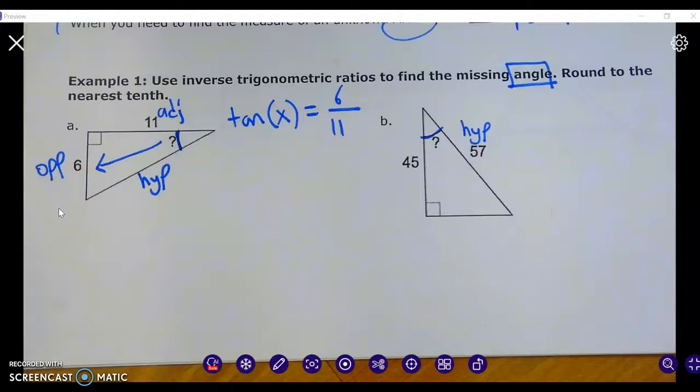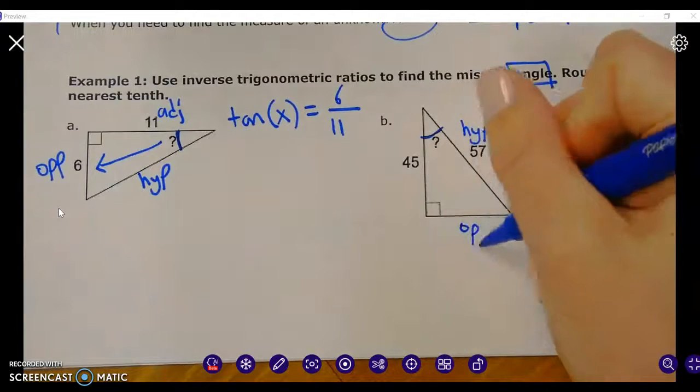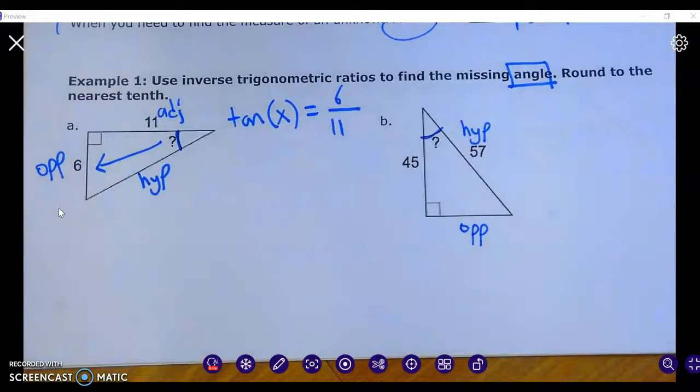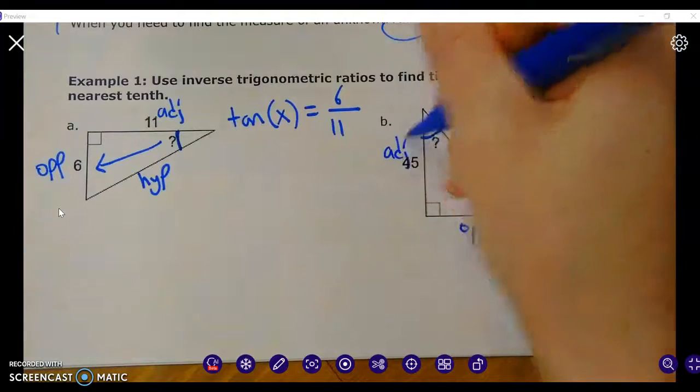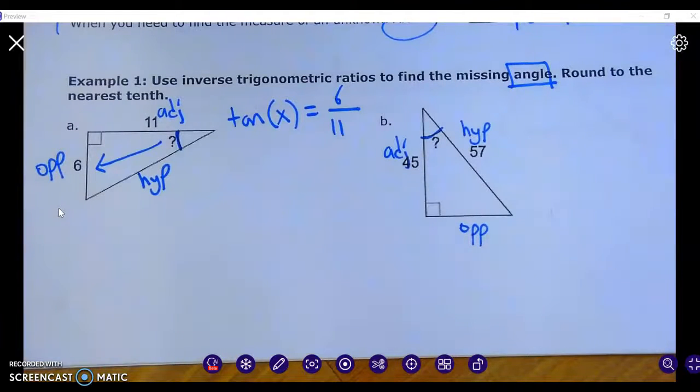Yeah, it's blank, not there. Devin, what's my adjacent? What side is my adjacent? Okay, so then you ask yourself, what side is blank? So look at the picture. What side is there nothing there?